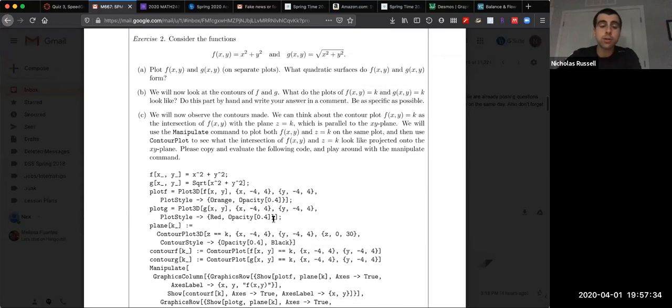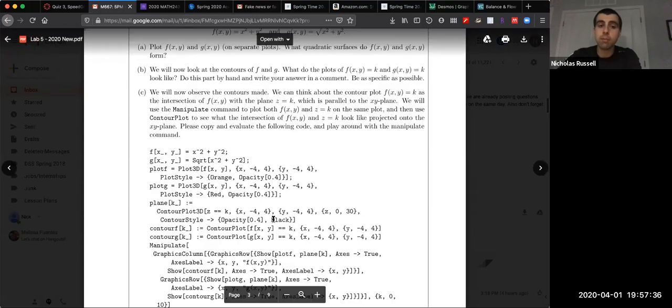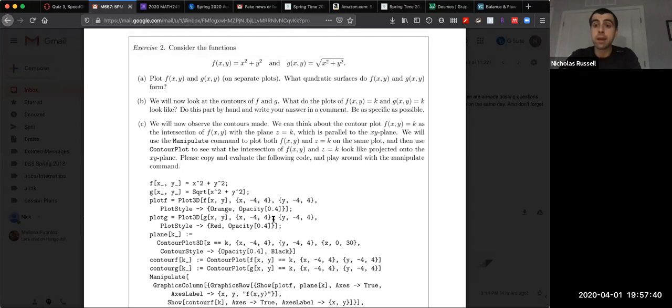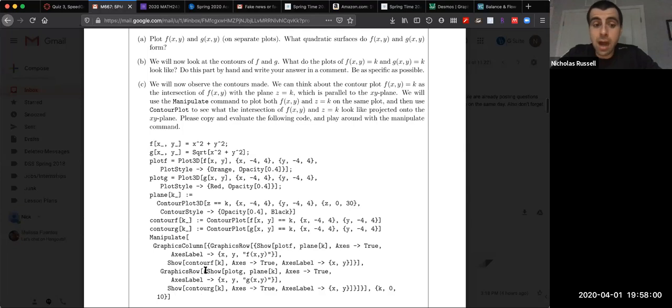Now for exercise 2, I know this looks like a really long problem, but it's actually not too long. It has a really cool animation that I've made for you. The goal of this exercise is to understand the difference between two different plots and how we can show the distinction between them using contours, even though they have pretty similar contours and level curves. I'm going to ask you to copy this code.